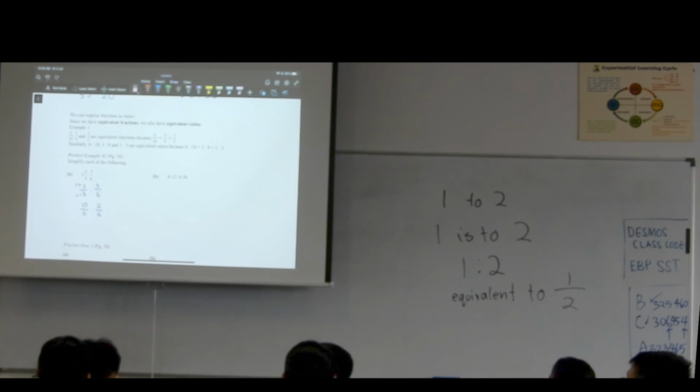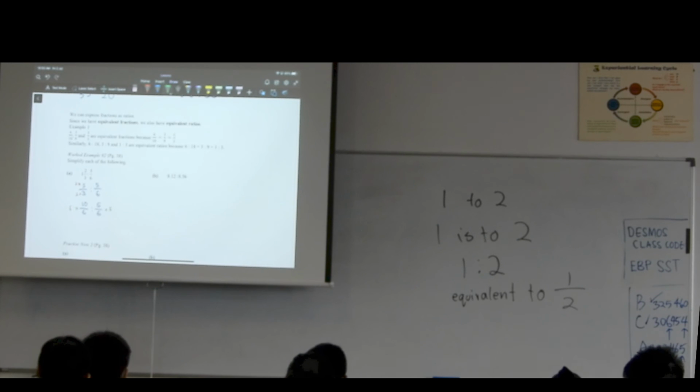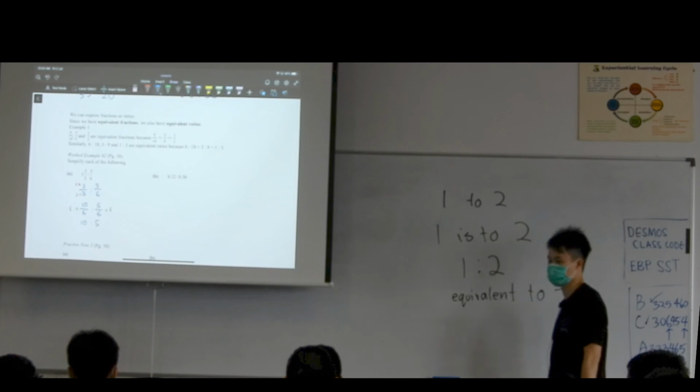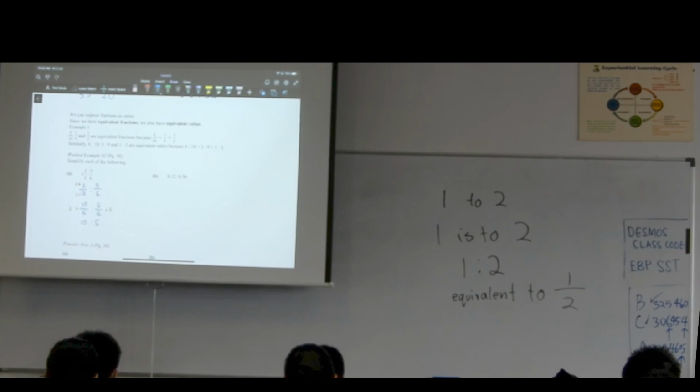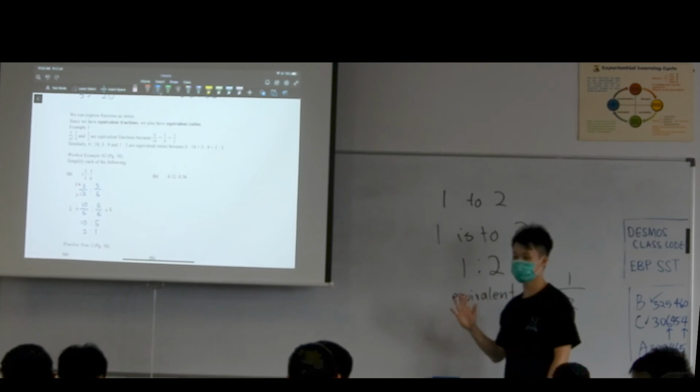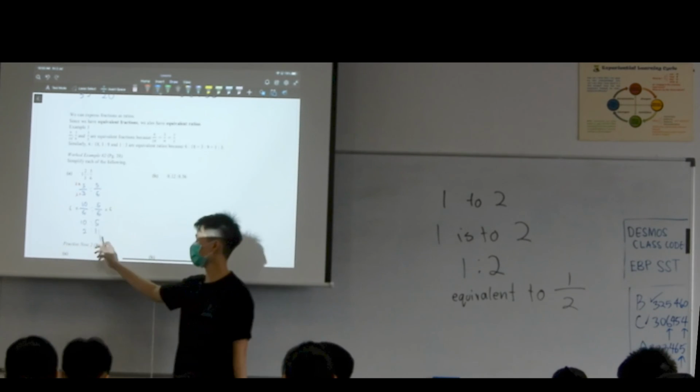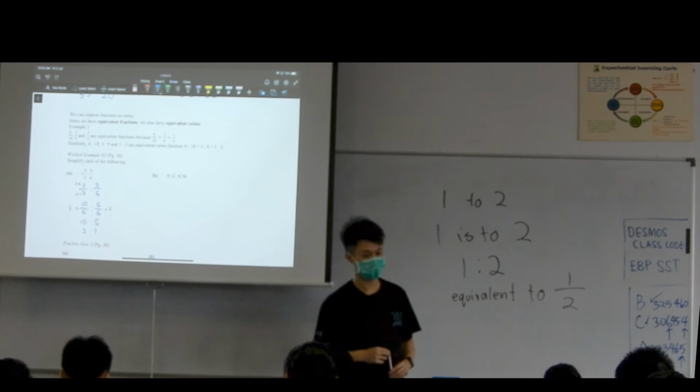What I'm doing in green and red is the idea behind. When you multiply 6 to both sides of the ratio, you will only have the numerators left, which is 10 is to 5. And finally, you can simplify this: 2 is to 1. Okay? So the answer here is 2 is to 1.